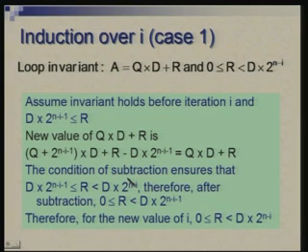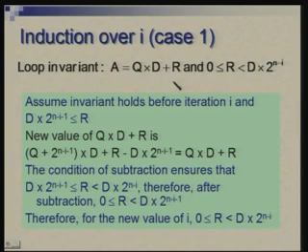After the iteration i also changes to i plus 1. So for the new value of i, r lies in this range, and hence both components of the invariant hold after the iteration. All right, is that clear?